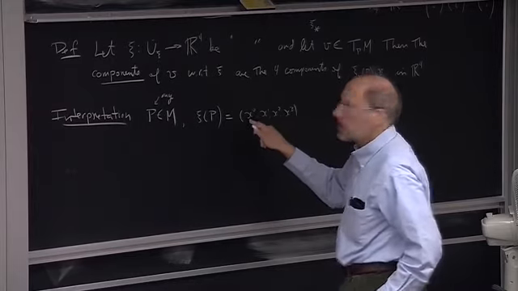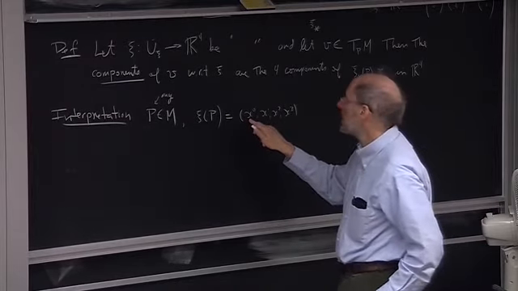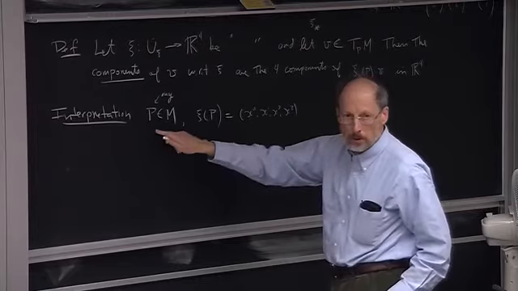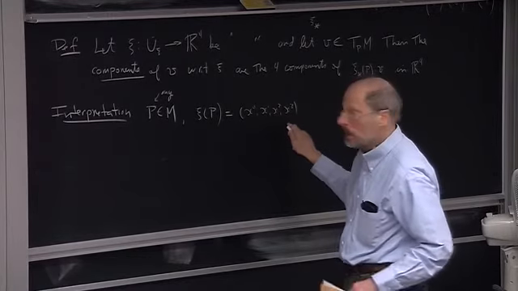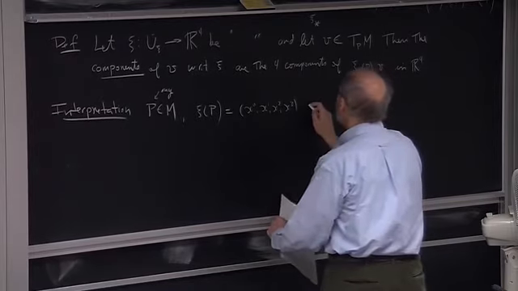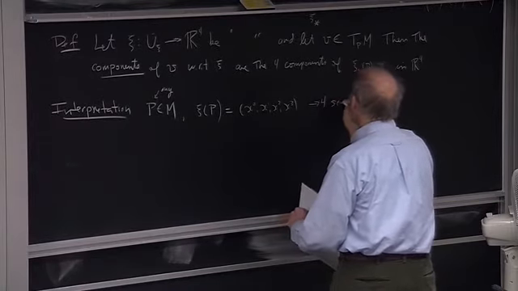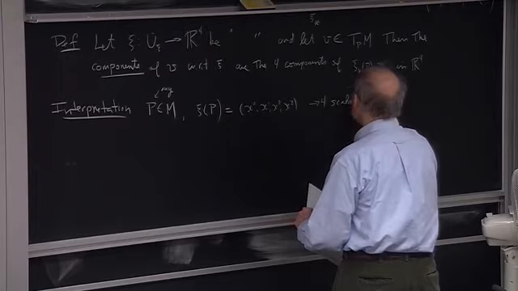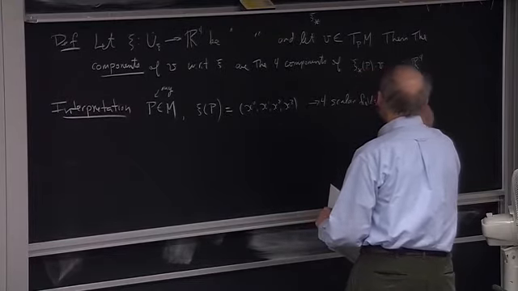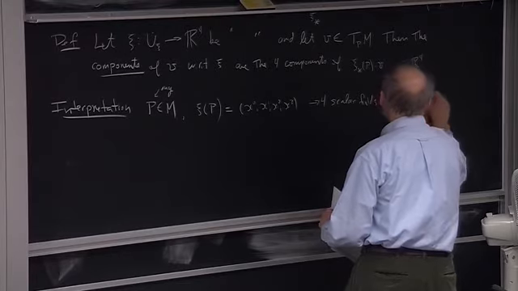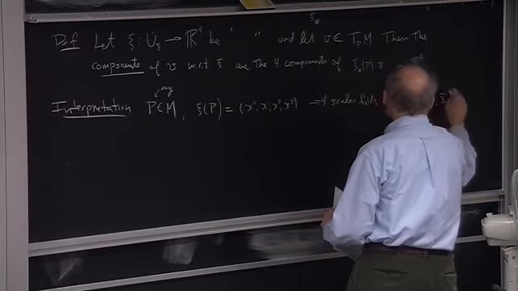If I just focus on the first one, then that's a scalar field. It's just attaching to every point of the manifold a number. And here's a second scalar field. So therefore we have four scalar fields, which I'll call x0, x1, x2, and x3.